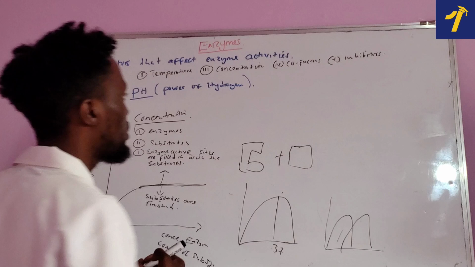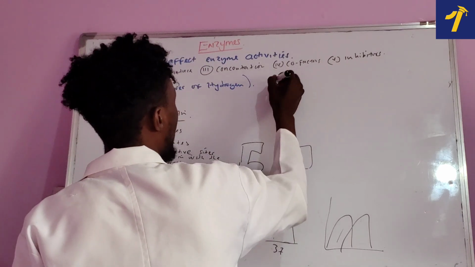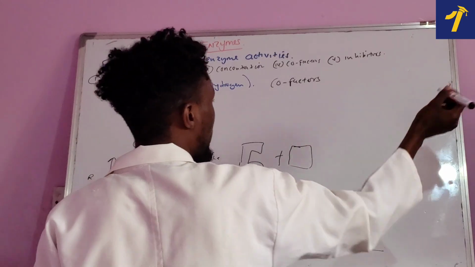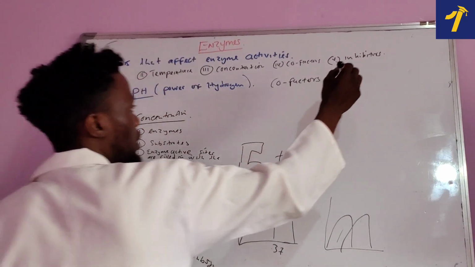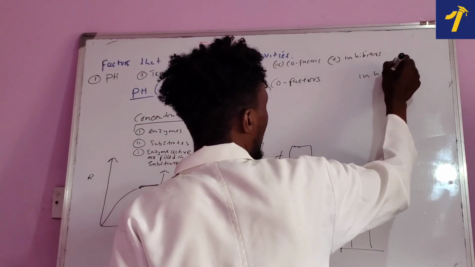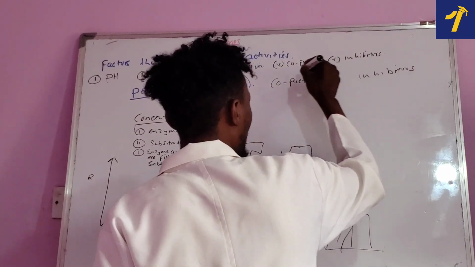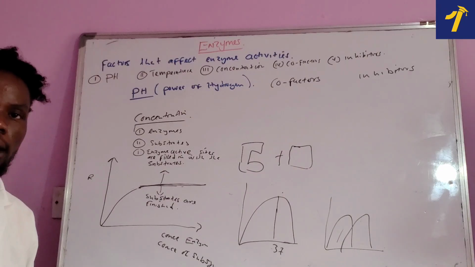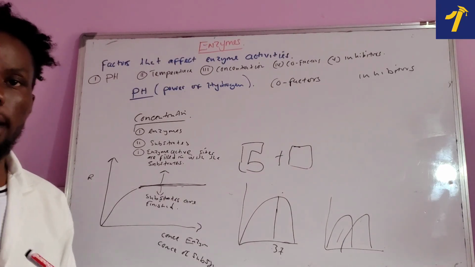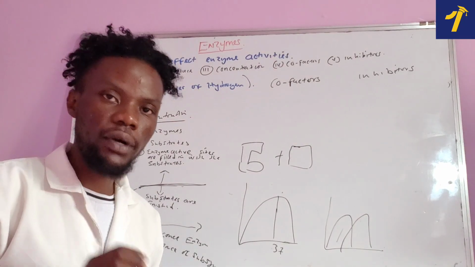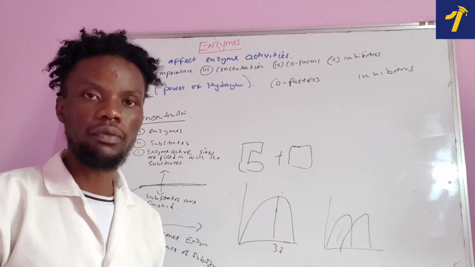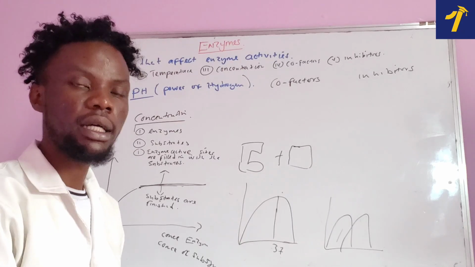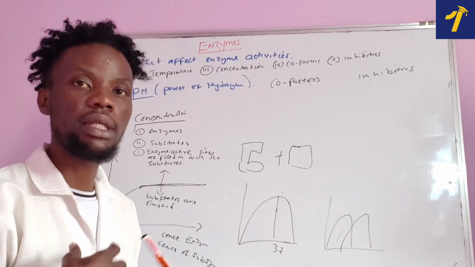Now the last part is talking about cofactors and inhibitors. So what are cofactors? Cofactors are substances that are going to promote enzyme activity. They are going to allow the enzyme to start working.